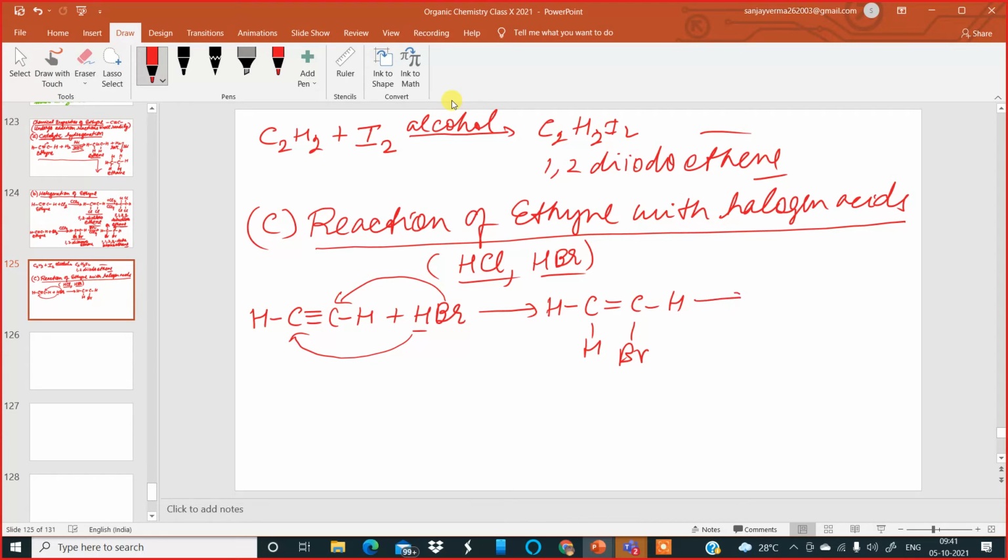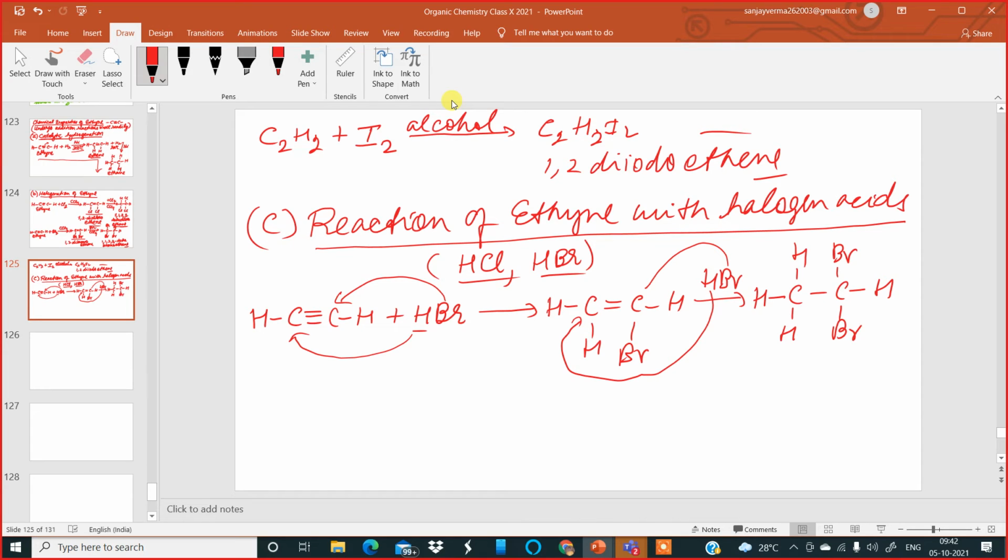Further, if I react with HBr, hydrobromic acid, now the bromine goes to that carbon containing the bromine. So it will go here, and the hydrogen will go to the first carbon.